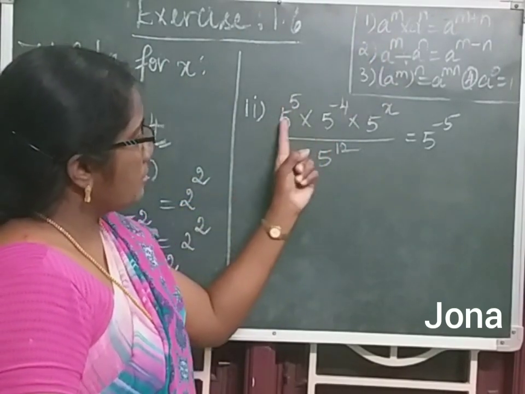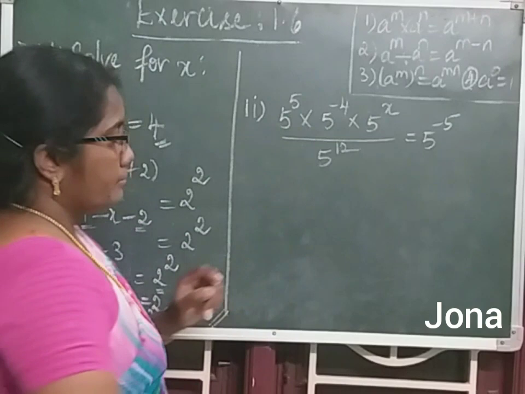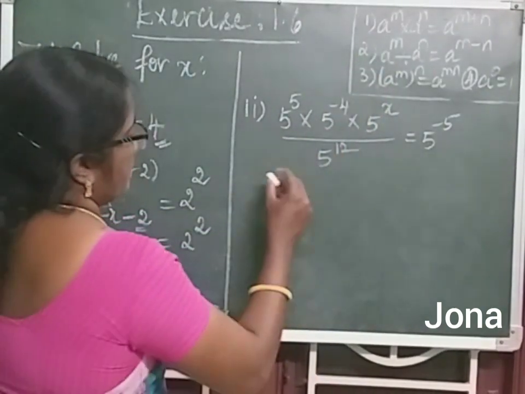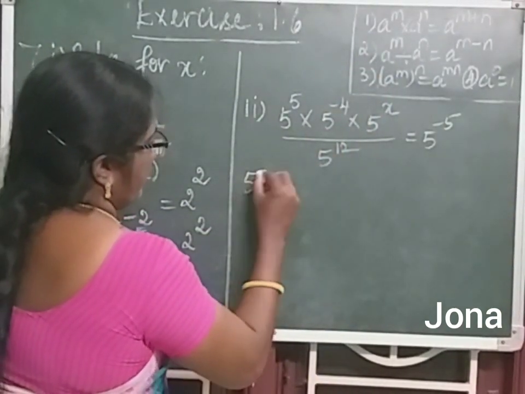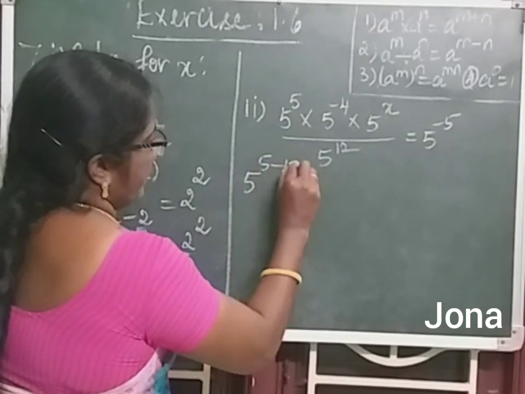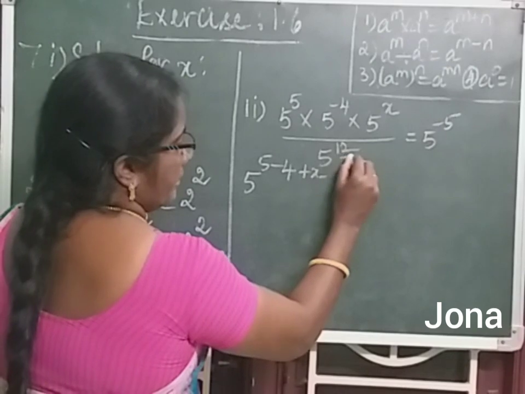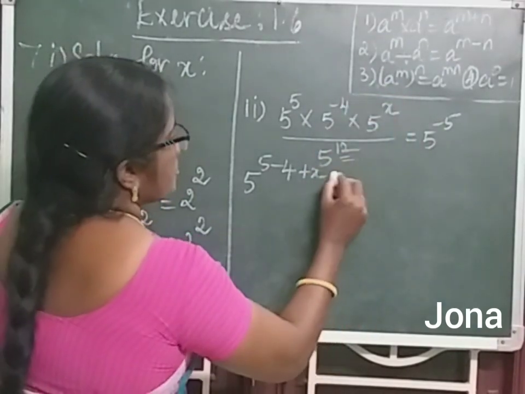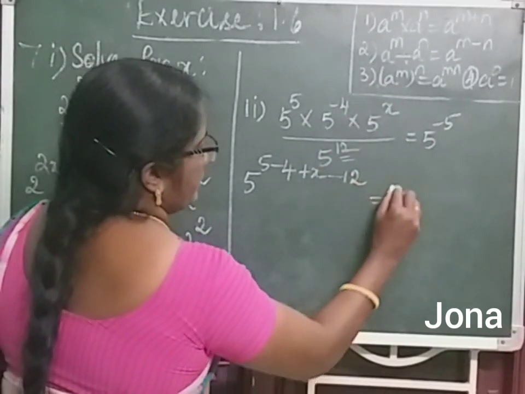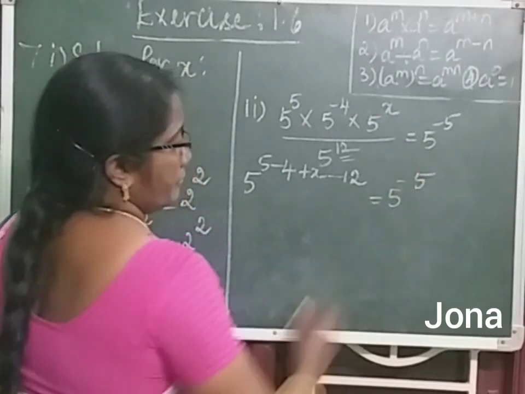We are using the first rule in the numerator. So I can write this as 5 power 5 minus 4 plus x, and I want to take this 12 to the numerator, so minus 12 equal to 5 power minus 5.